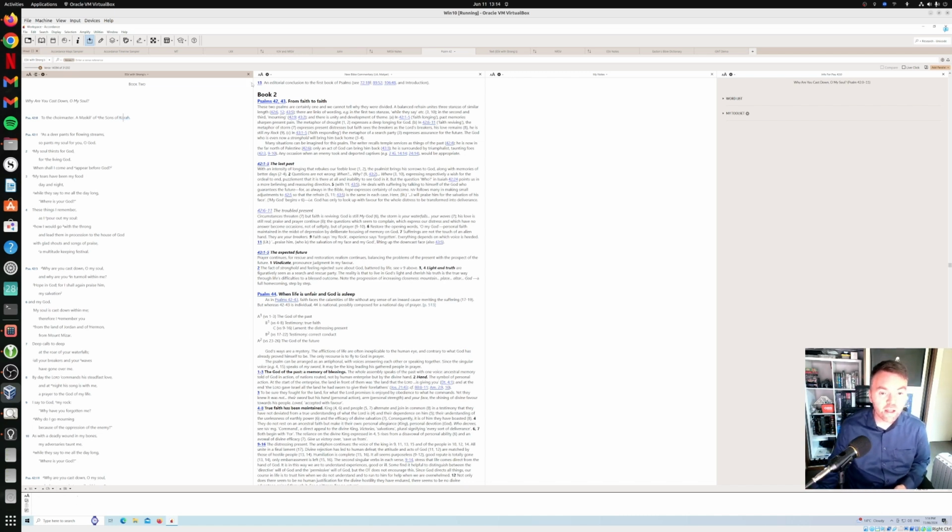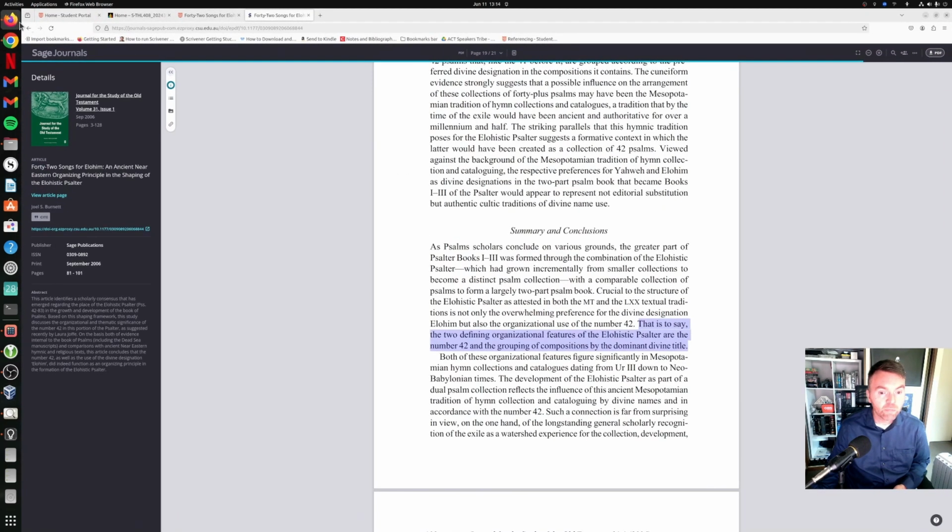And I did find a very interesting paper called 42 Songs for Elohim, and I just wanted to show you that. This is an academic paper, and its basic argument is that within the book of Psalms we have an Elohistic Psalter, a group of psalms that is organized according to the number 42 and using the term Elohim for God.